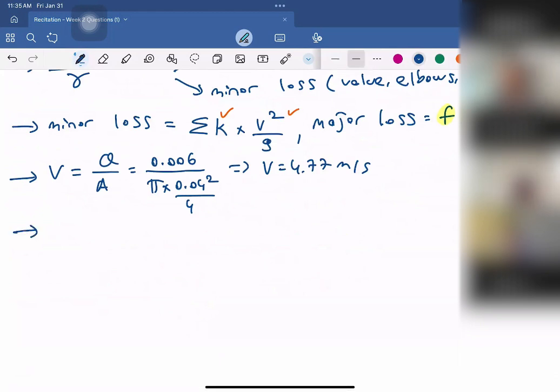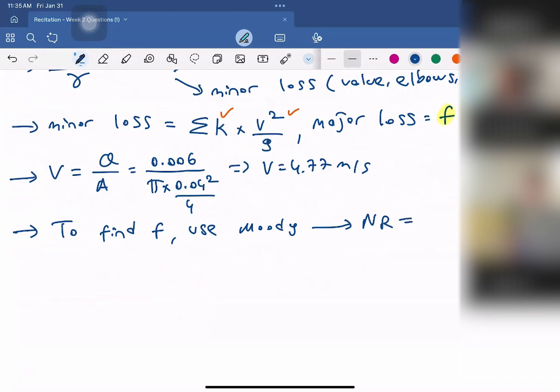So to find f, use Moody. And Reynolds number we will need to calculate. And I'm directly writing the result because we did that many times.